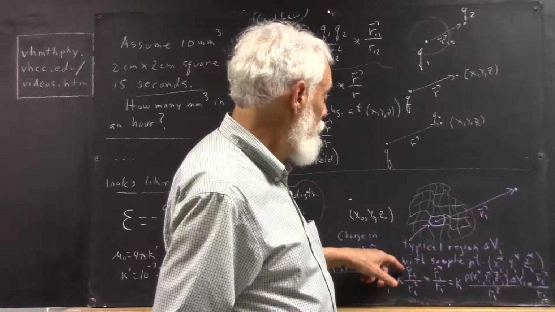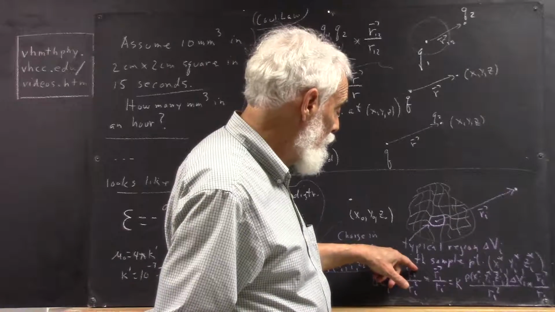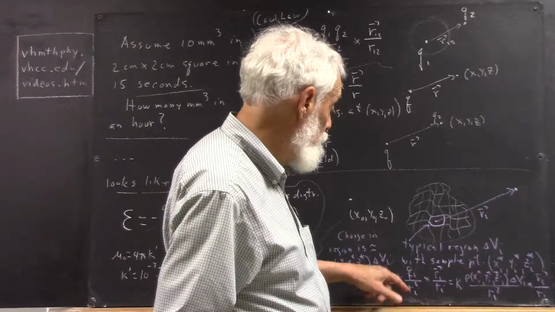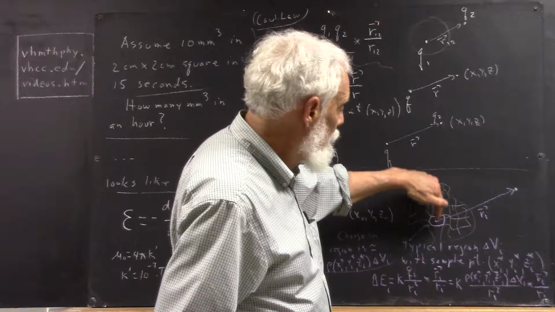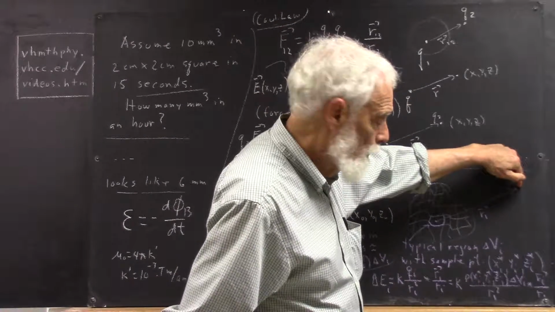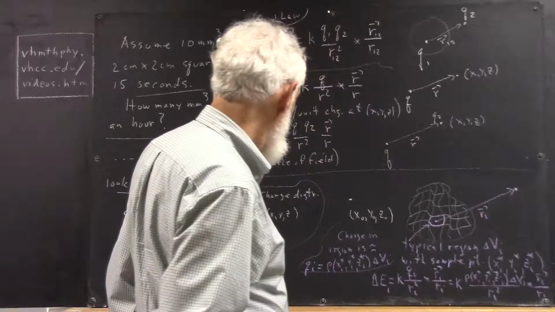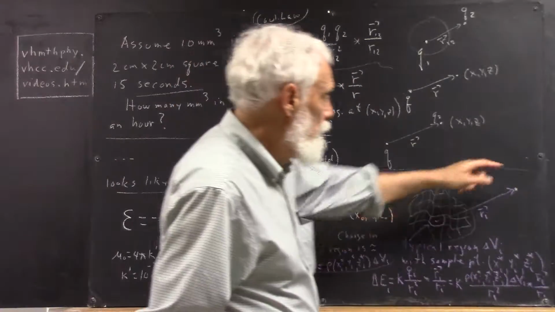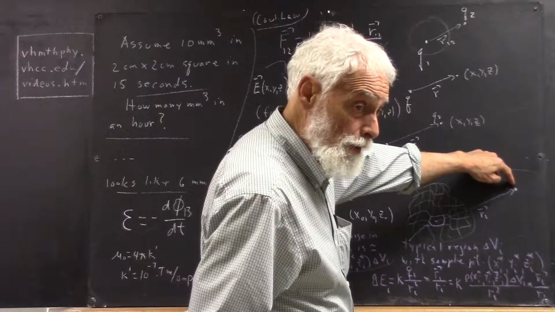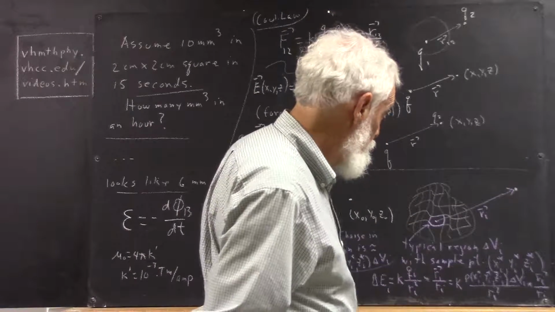Okay, so we use the I to indicate the charge in the ith region, the Ri to indicate the distance from our sample point of the ith region to whatever point x, y, z, or x naught, y naught, z naught, whatever it is, at which we're trying to calculate the electric field.